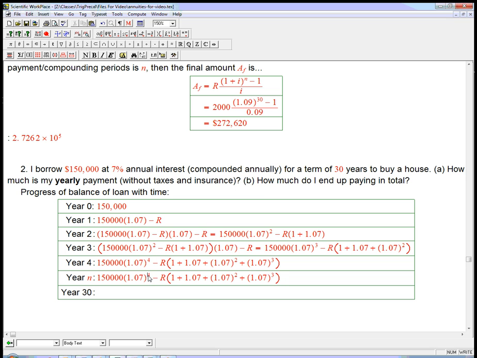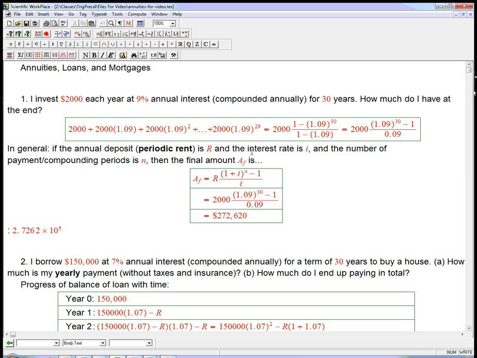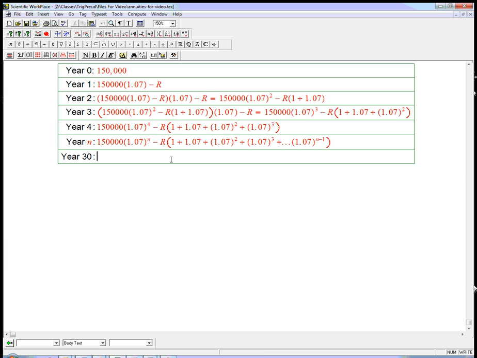So this is going to be to the nth power, and then this is going to be plus dot, dot, dot, and then 1.07 to the n minus 1 power. And hey, look, that's exactly what we like to see. That part is exactly our geometric series. It's really exactly what we got up here. So after year 30, we can just plug in n equals 30.